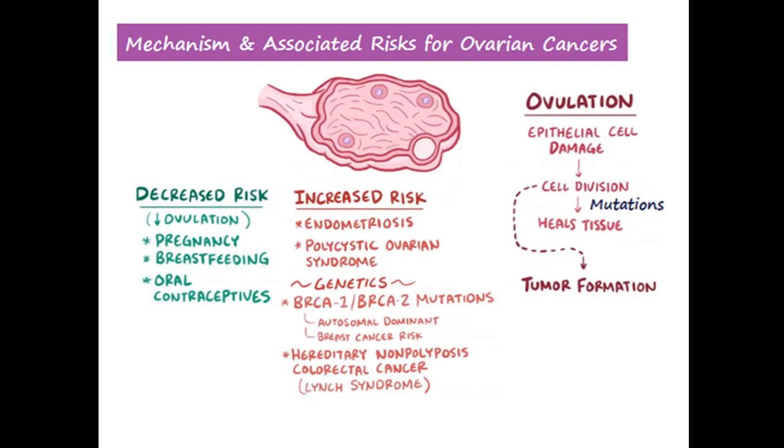The increased risk for ovarian tumor is also associated with endometriosis, in which endometrial tissue, which is normally confined to the uterine endometrium, develops somewhere outside the uterus, for example in the ovaries or the fallopian tubes. This is known as endometriosis.